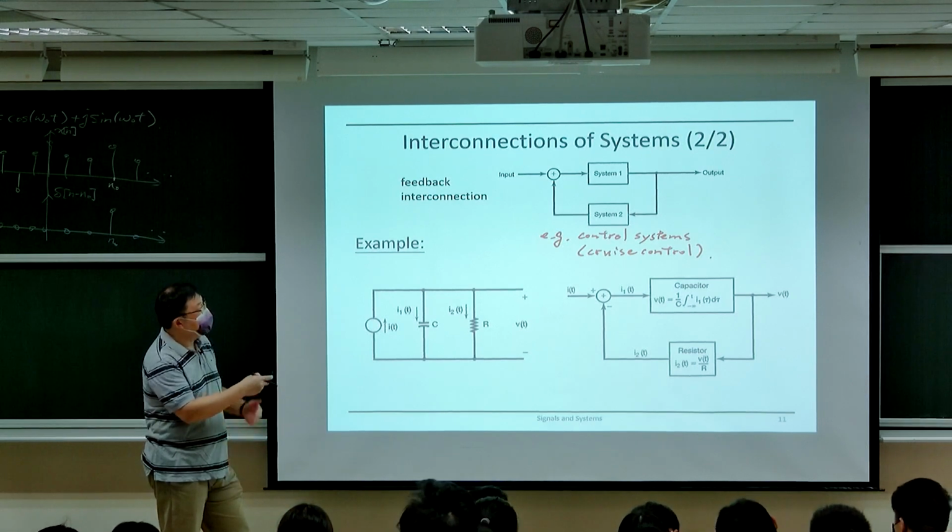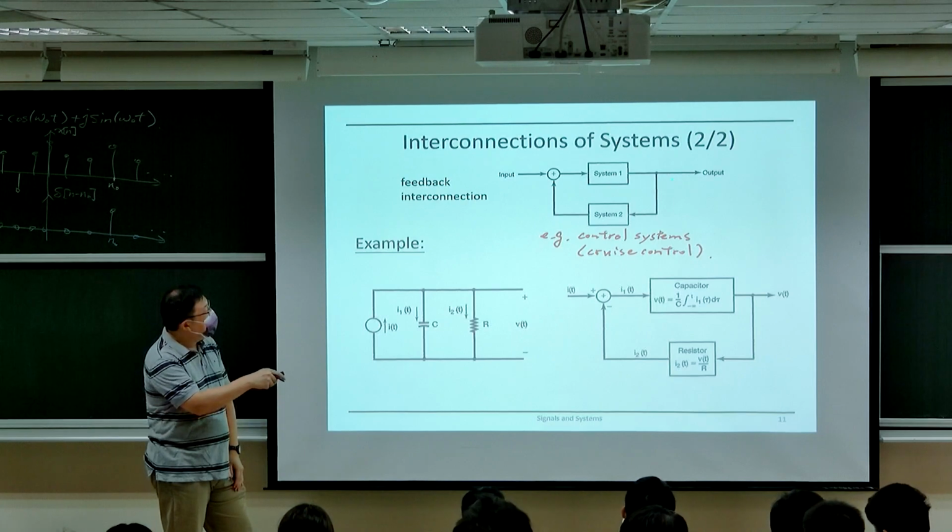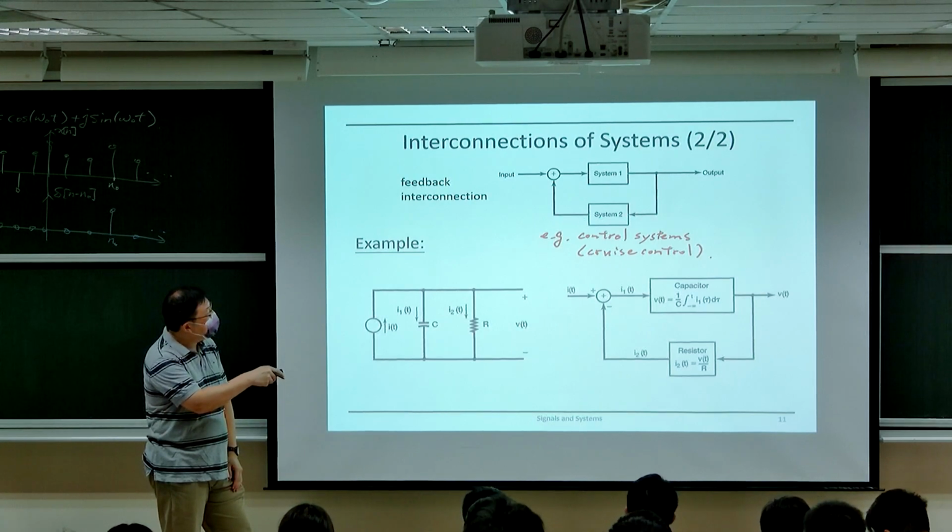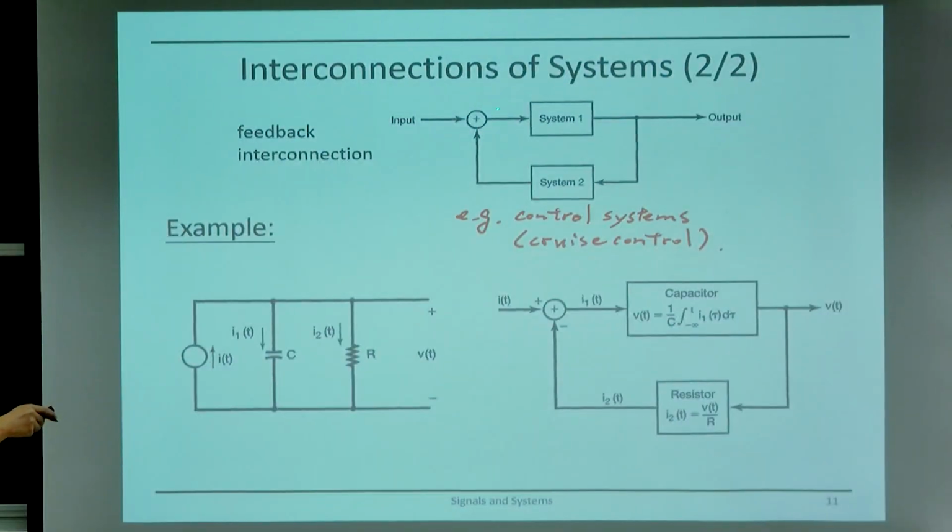So if the velocity becomes too high, you have a feedback interconnection that tells the input to reduce the force. And if the velocity becomes too low, you have a feedback interconnection to tell the input to increase the force, okay? So this type of feedback interconnection is often seen in these control type systems, okay?